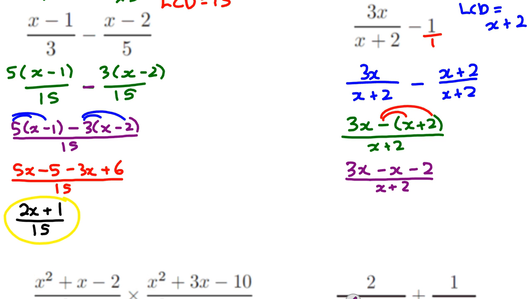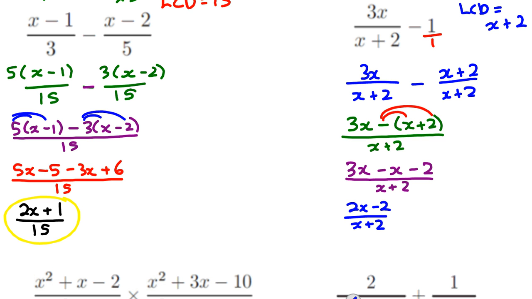Doing it that way might help avoid forgetting to factor in the negative times positive 2. Some people would have written instead 3x minus x plus 2. And now we can just combine like terms with 3x minus x. That's right, that's 2x minus 2 over x plus 2.